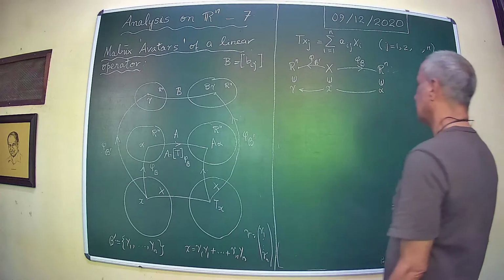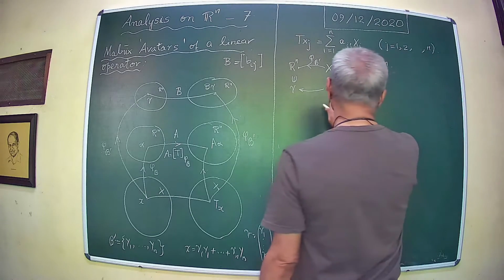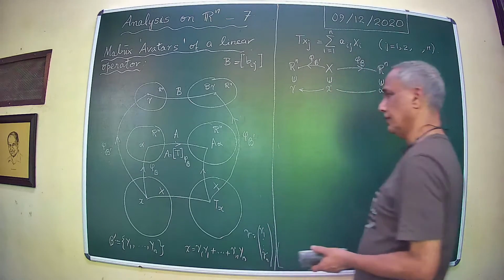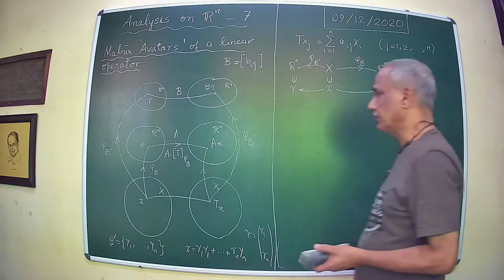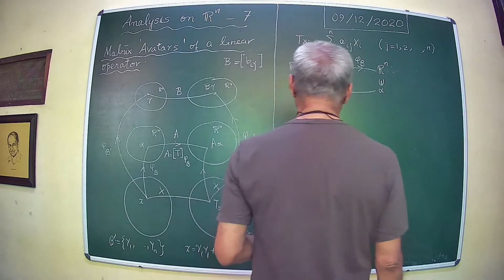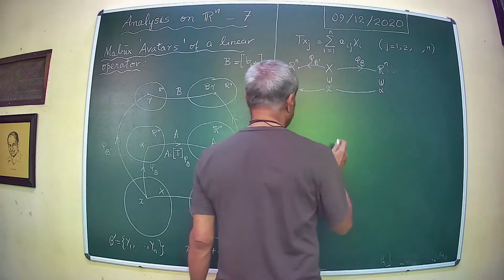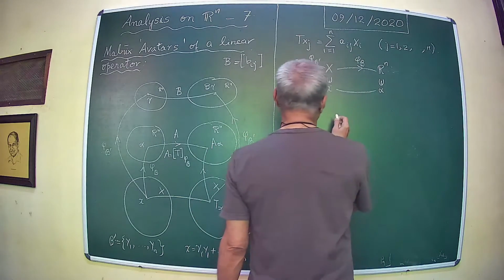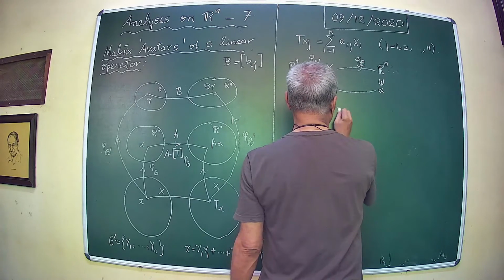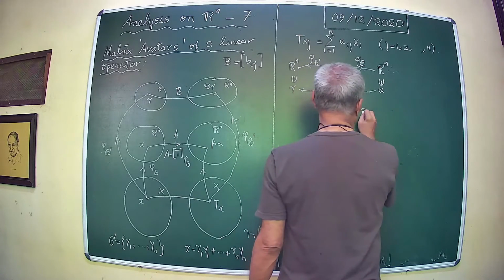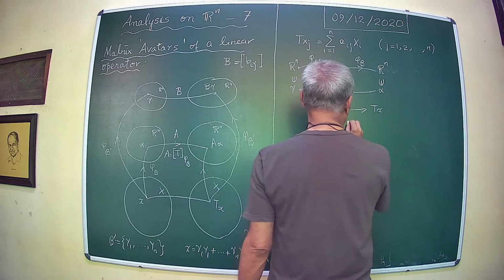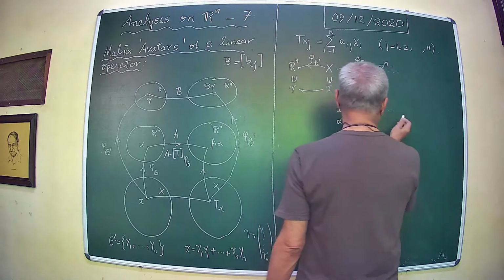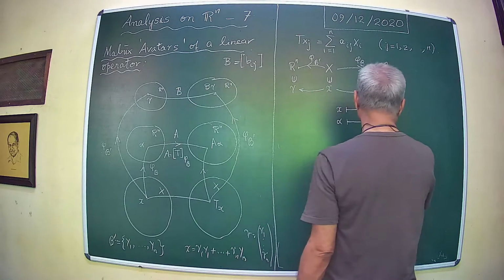Okay, x is identified with the gamma, x is identified with the alpha. Now what do I have for that? So x is mapped to, alpha is mapped to A alpha.